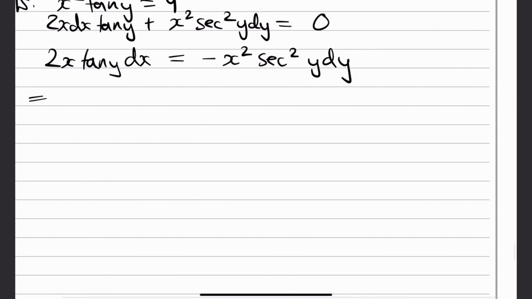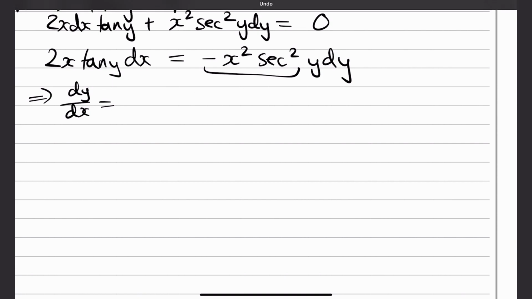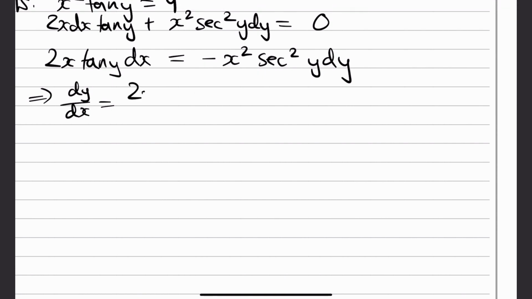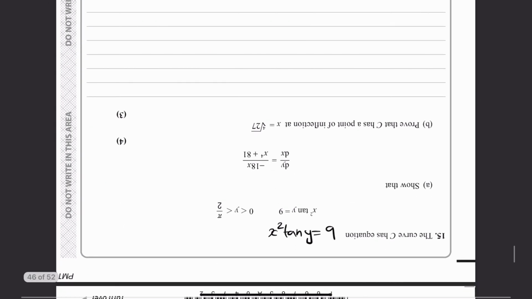So therefore, dy by dx is equal to, when you move this over to here and move this stuff over there, 2x tan y over minus x squared secant squared y. Let's see what it wants now.